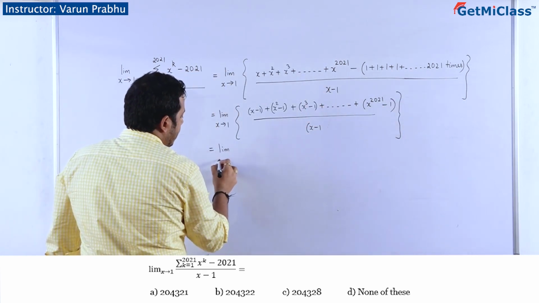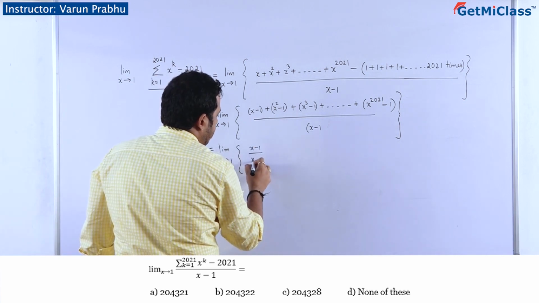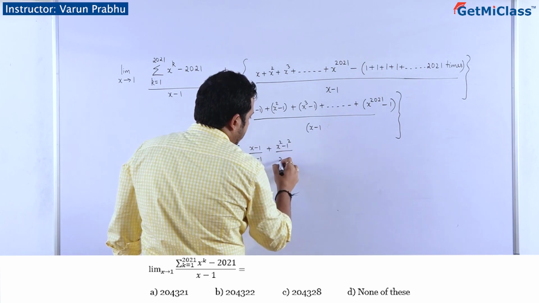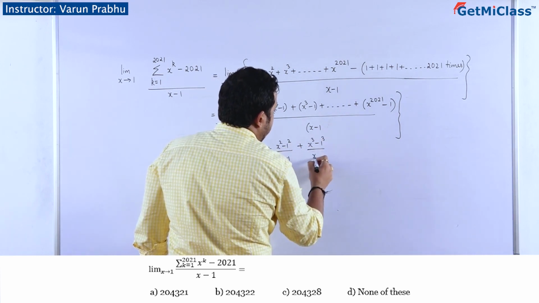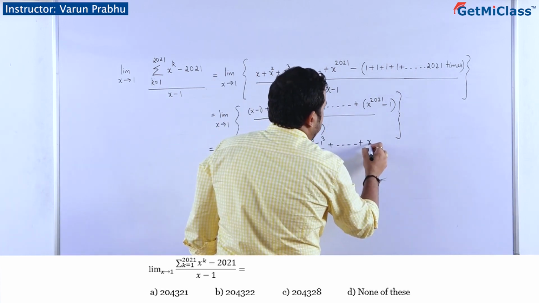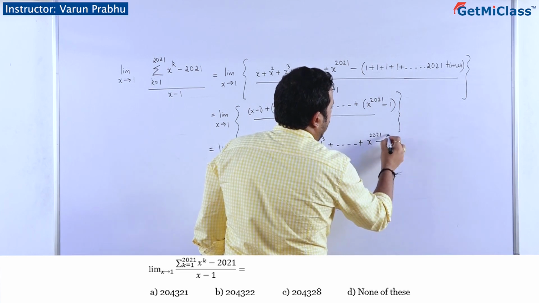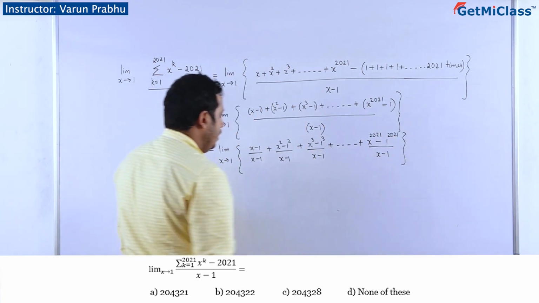So this will be x minus 1 divided by x minus 1, plus x square minus 1 square divided by x minus 1, plus x cube minus 1 cube divided by x minus 1, right? Plus so on up to plus x to the power 2021 minus 1 to the power 2021 divided by x minus 1. Is it okay?